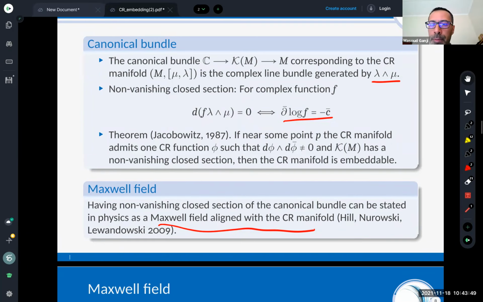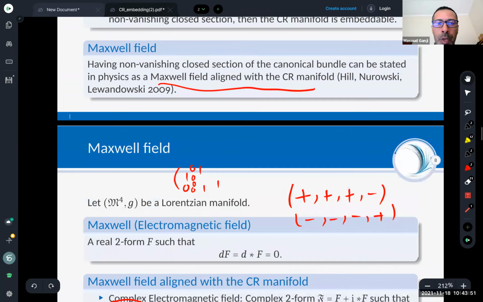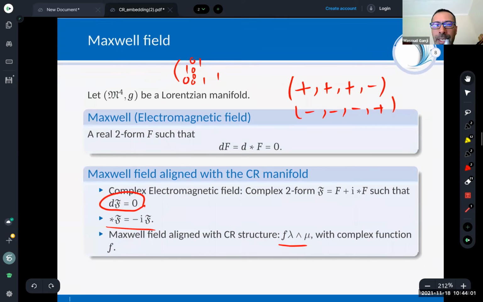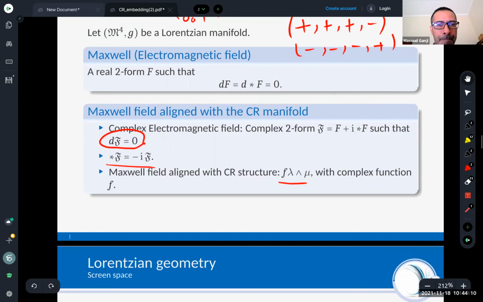Maybe it was a bit soon to talk about Lorentzian, but I wanted here to define the electromagnetic field in a formal way. At this stage, I haven't talked about the relation between the CR manifold and Lorentzian geometry yet. Does that make sense?